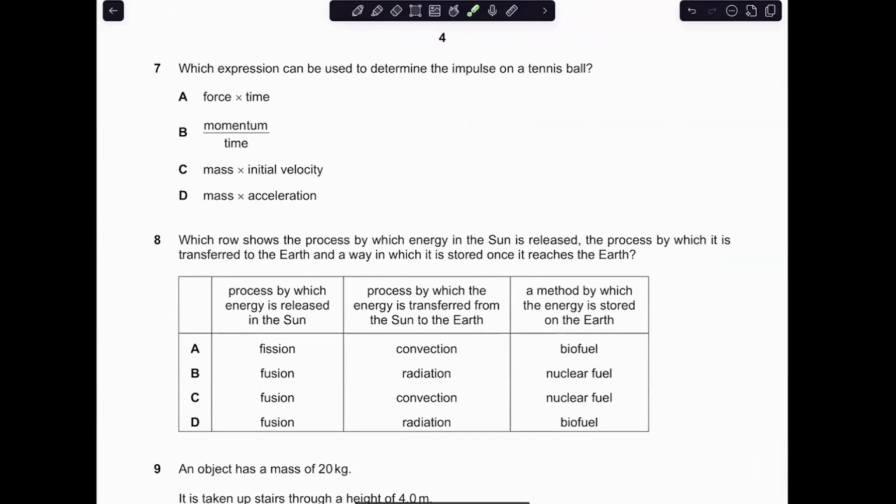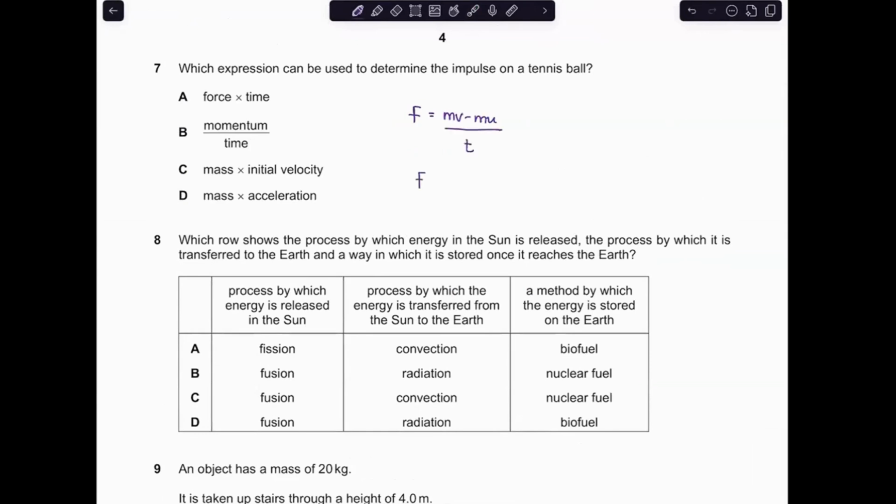Number 7 is which expression can be used to determine the impulse on a tennis ball? So basically they're just expecting you to recall what the equation is to calculate the impulse. Do you remember what that is? There's an equation which is F is equal to mv minus mu over t.